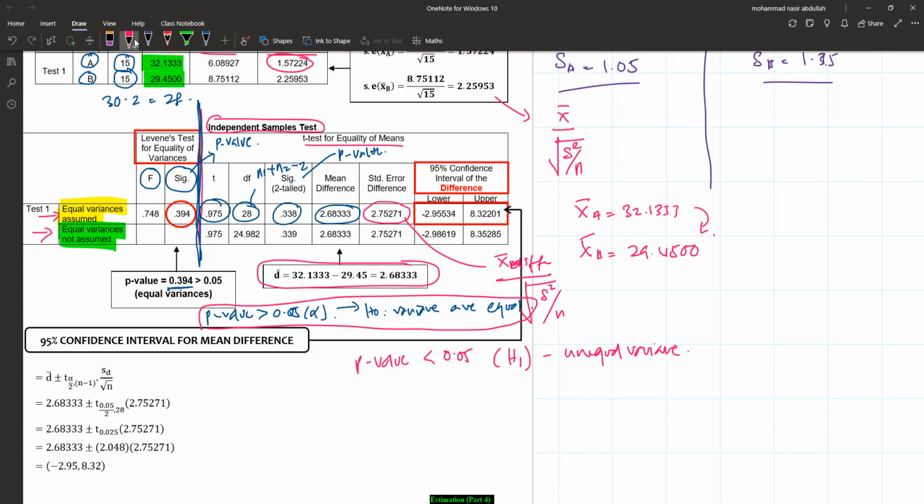So the last column is about the confidence interval of the difference. How do we calculate it? The mean difference plus minus t alpha divided by 2, n minus 1.